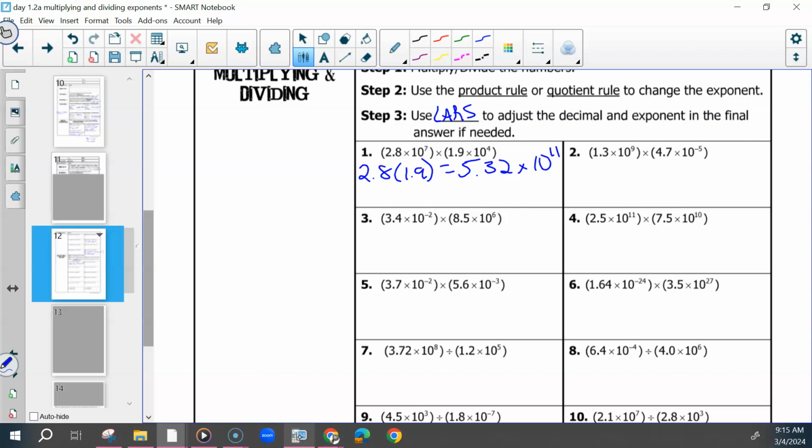You might get something like, I'm trying to remember which number it was. Multiply 3.4 and 8.5. Tell me what you get. For number 3. Okay.